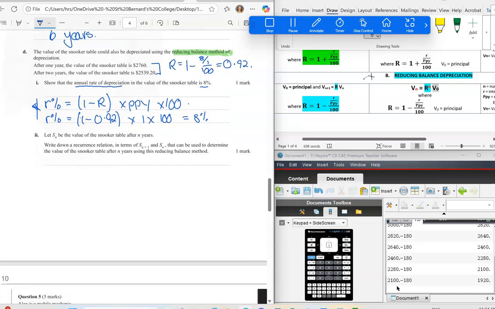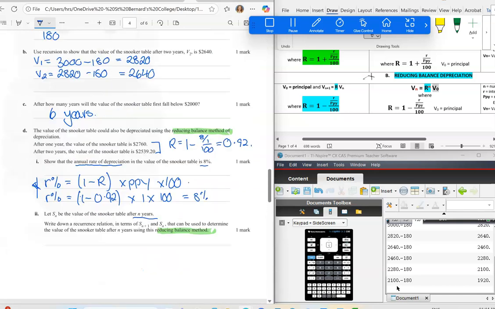Now it said write a recurrence relation after n years if you are using the reducing balance method. So I go over to this side of the page, and I can see I've got to write a recurrence relation. It said to use S though. So we go S0. What's the original value of the snooker table?